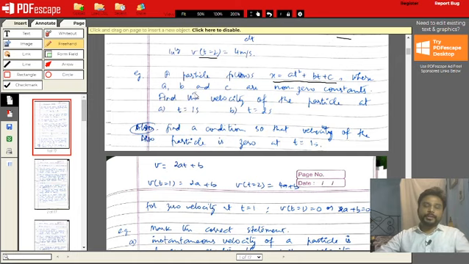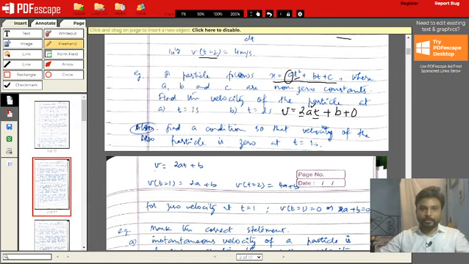First we differentiate the position of the particle. So the velocity would be simply 2at. Differentiation of t square is 2t. We know that the constant remains as is, plus differentiation of bt is b plus 0. So this is the velocity of the particle, 2at plus b.